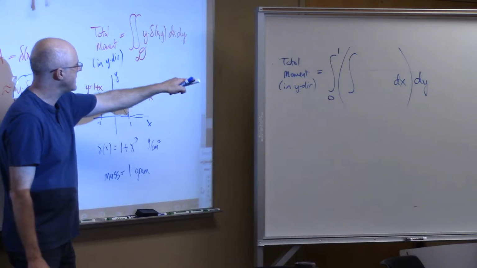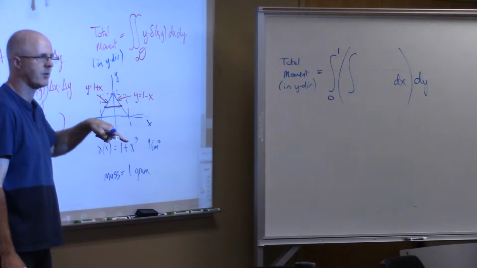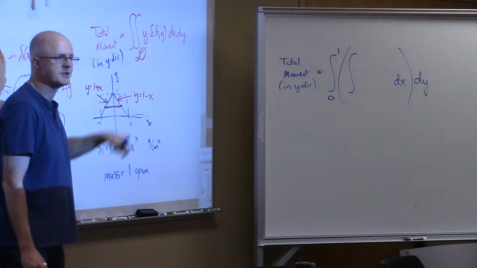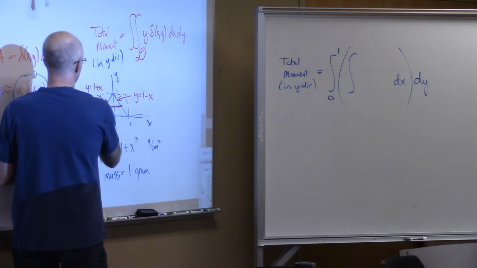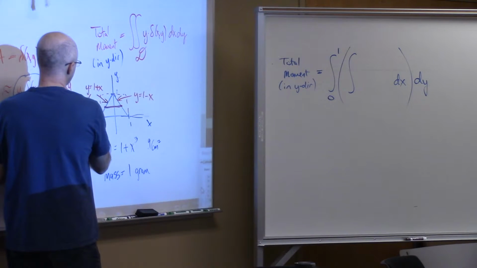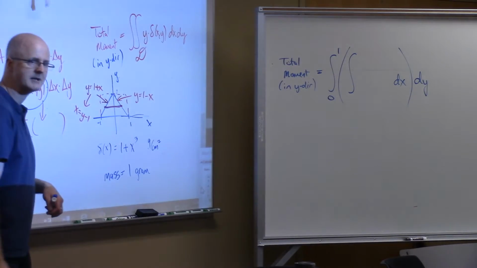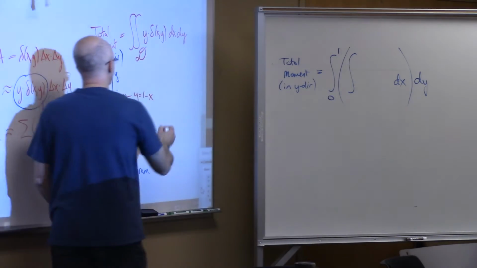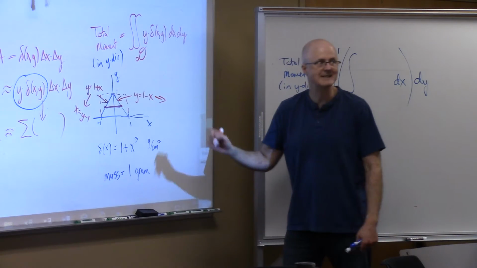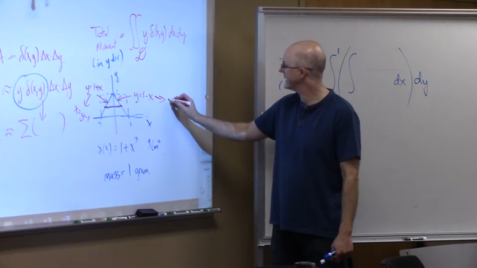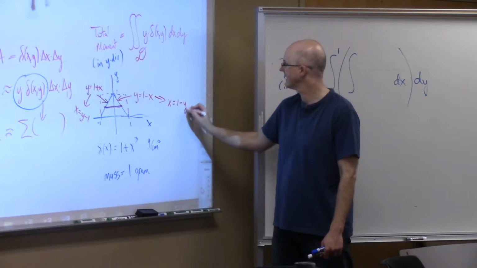The limits of integration for the inner integral I can solve for by solving these equations for x as a function of y in both cases. This one, subtracting 1 from both sides gives you x equals y minus 1. On this one, I'm going to do 2 steps at once. Add x to both sides and subtract y from both sides. I will get x equals 1 minus y.